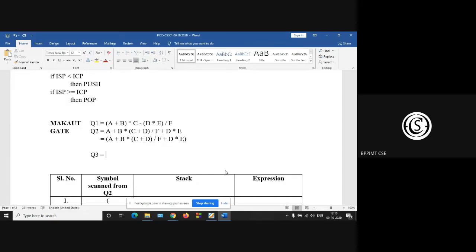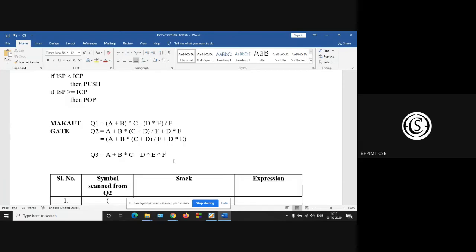Q3 is A plus B, A plus B into C, A plus B into C minus D exponential B exponential F. Okay.